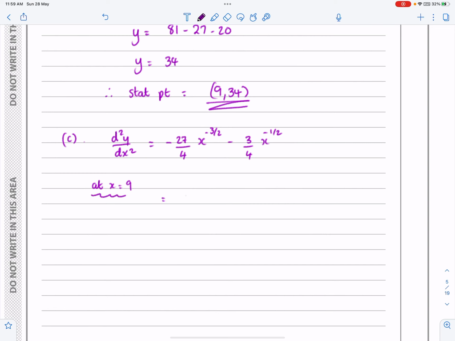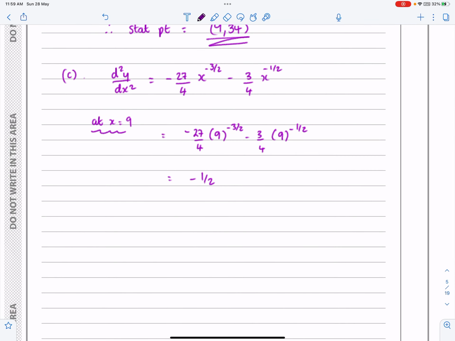So if I put that in, minus 27 over 4, 9 to the minus 3 over 2, minus 3 quarters, 9 to the minus a half. Just testing your calculator skills really. That all actually works out to be equal to minus a half when we do it.